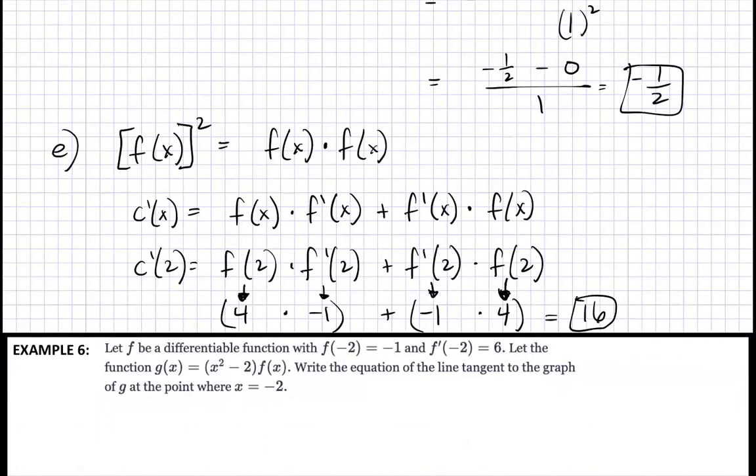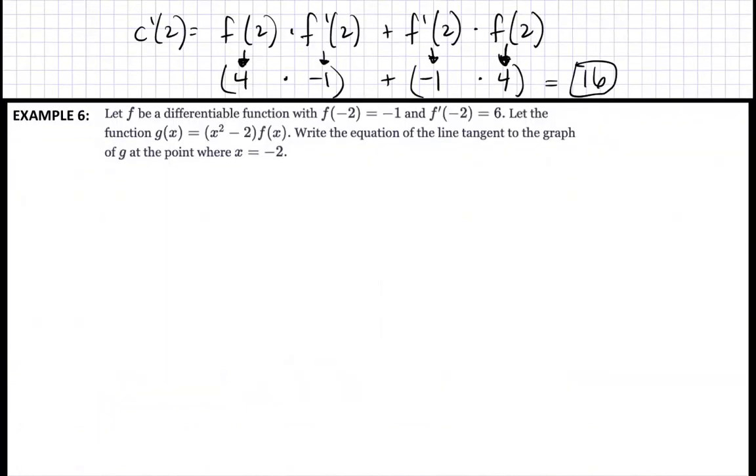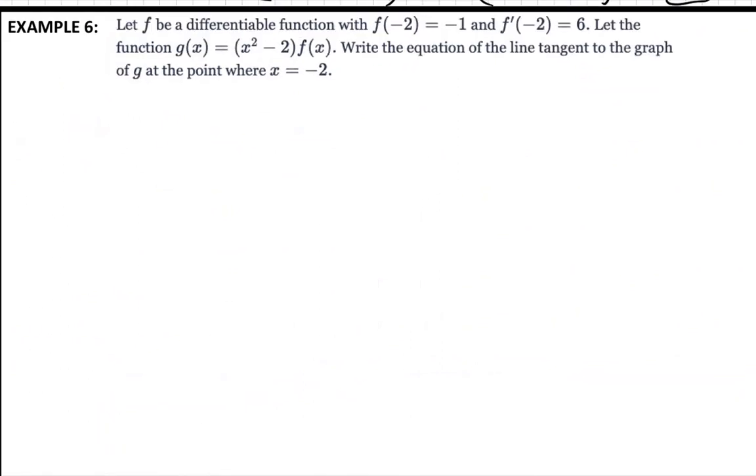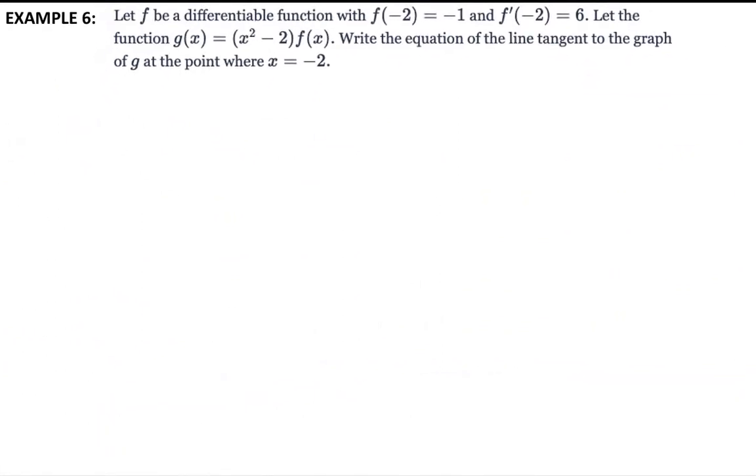Number 6 is actually a table type question without a table. A lot of times you look at a question like this, and you're like, okay, what do I do here? Anytime they give you something, the first things they're giving you here are, hey, f of -2 is -1. F prime of 2 is positive 6.